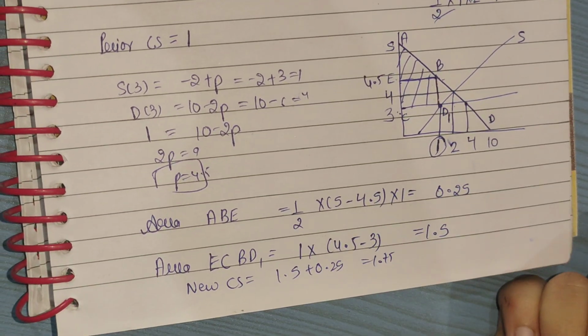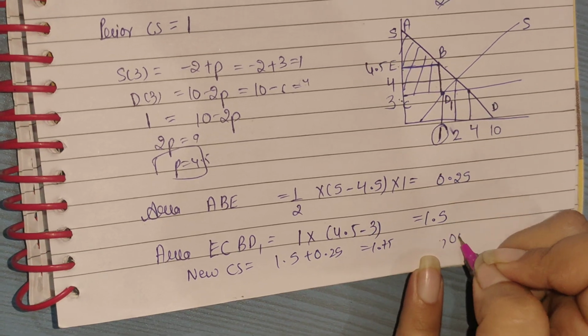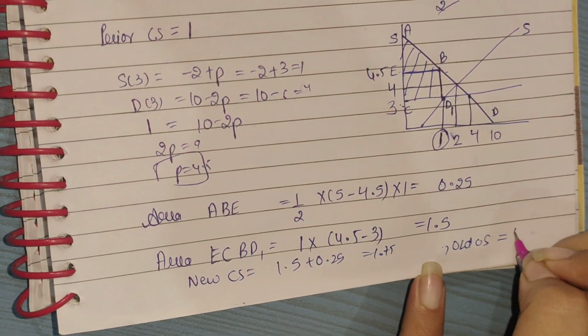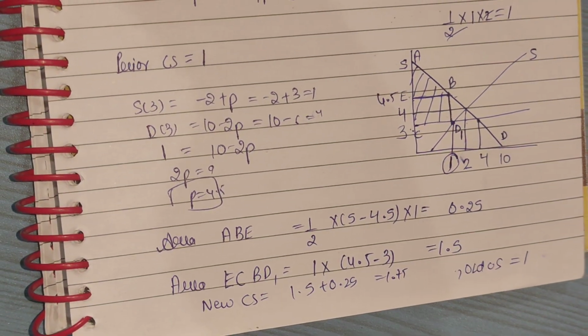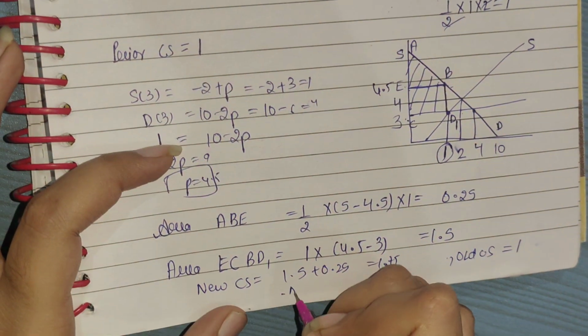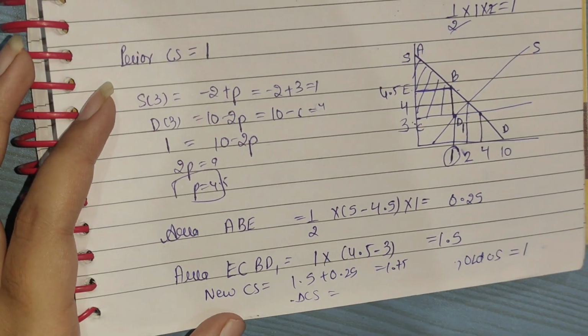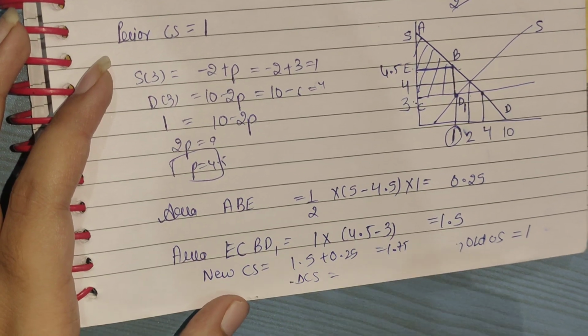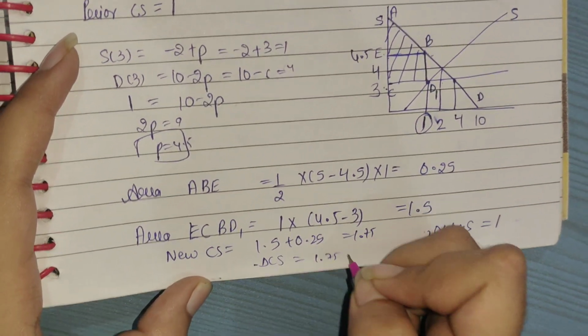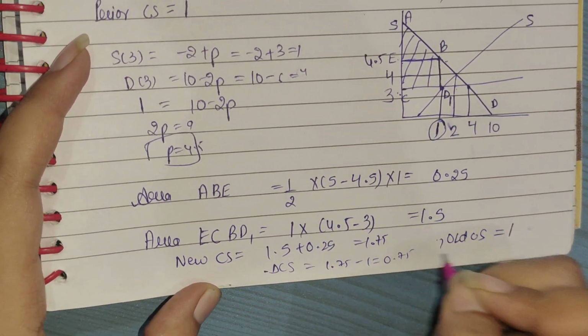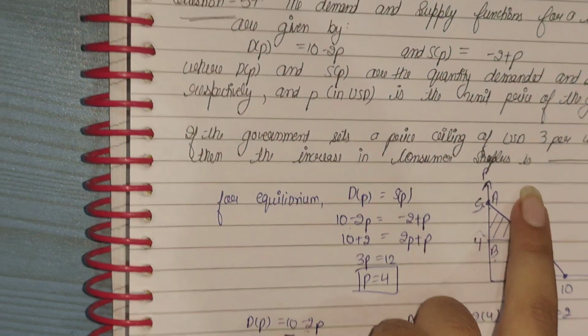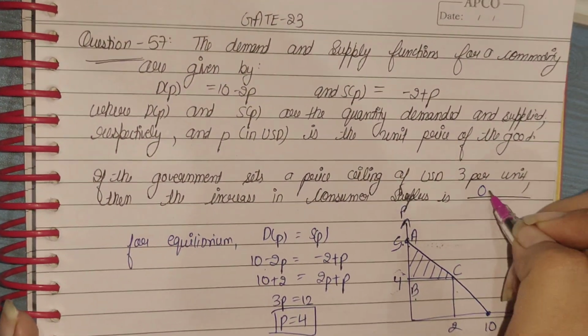Now our old consumer surplus was 1. So the change in consumer surplus is new minus old, which is 1.75 minus 1 equals to 0.75. So our consumer surplus got increased by 0.75.